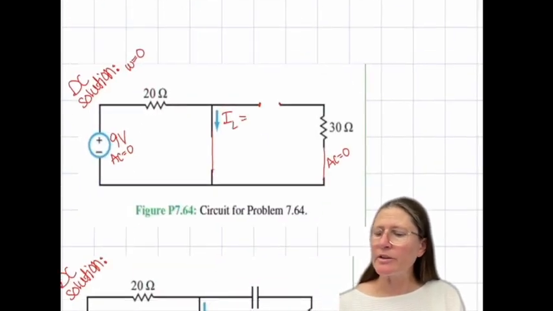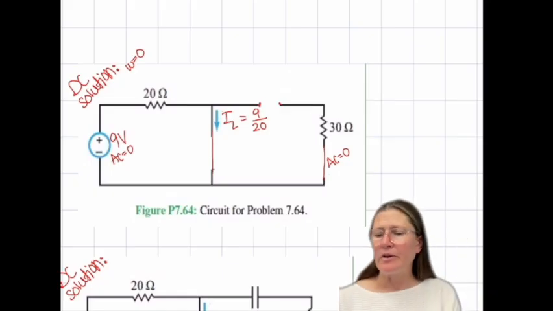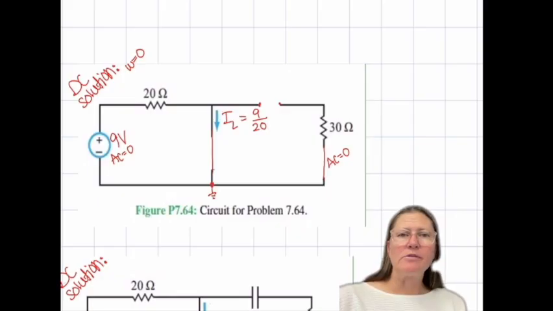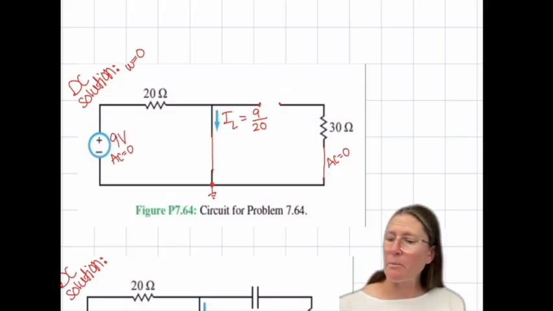And so IL in this case is going to just be 9 divided by 20, because ground is here. So questions on the DC portion? Okay.